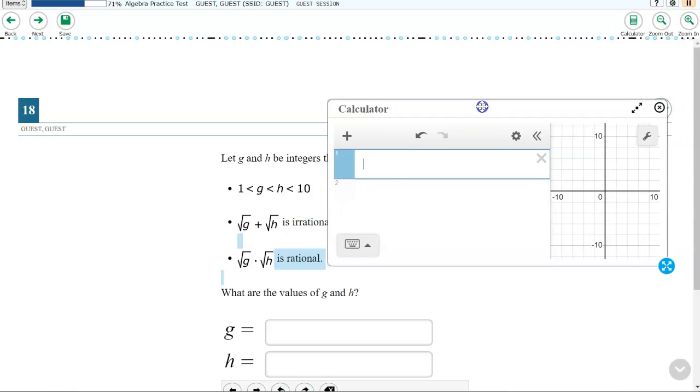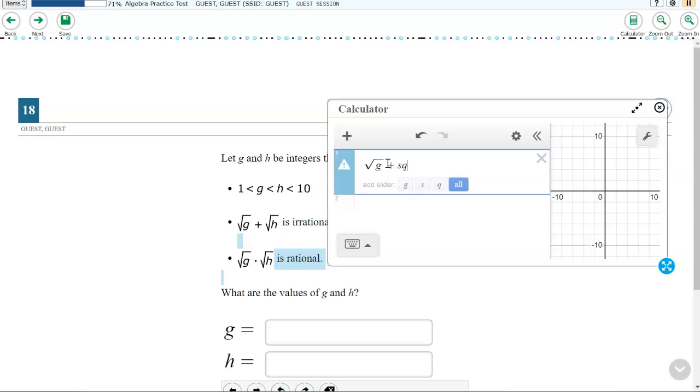So the first thing you want to do is type in square root. You can use the keypad to get the square root, but I type SQRT, and that makes the symbol for square root. Let's put a G underneath there, then go out from under your radical by using your right arrow key before you hit the plus sign.